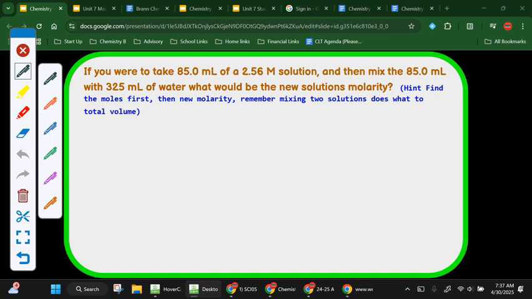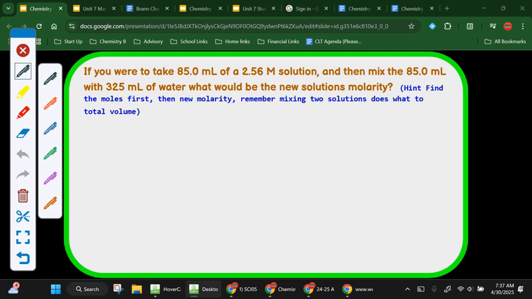Remember, you take this 85 milliliters out, you put it over here. You then take 325 milliliters of water and add it to that. And now you want to find the molarity of that new solution.